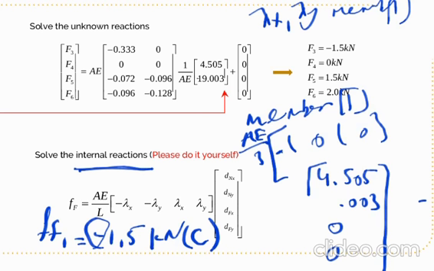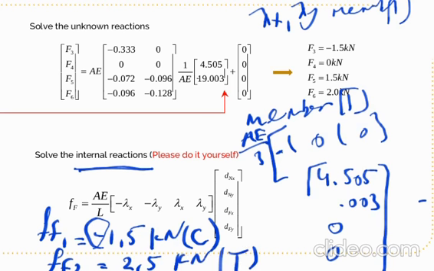And you can try in the same way for member number 2, the internal reaction is equal to 2.5 kilonewton, which is tension because it's positive.